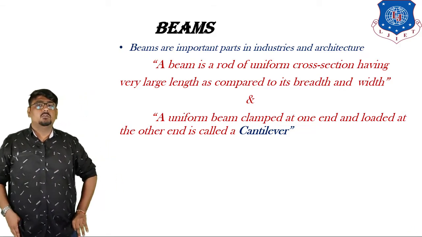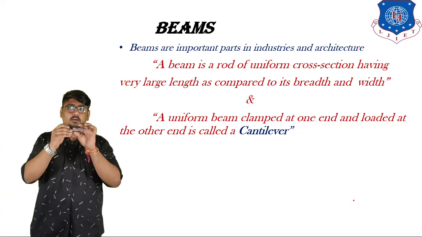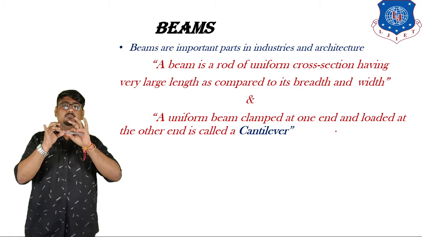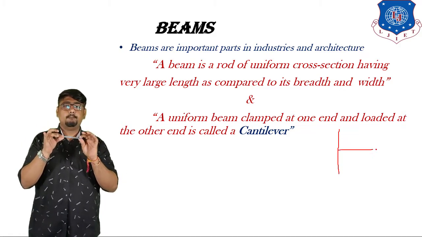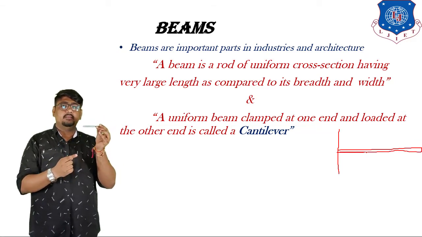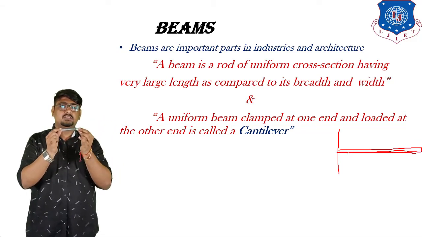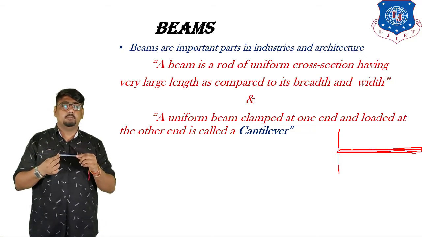So, in the current context, if you think of a long bar which has a length much longer compared to its cross-sectional area, like this pen, it has a length much more compared to its cross-sectional area, it can be considered as a beam.